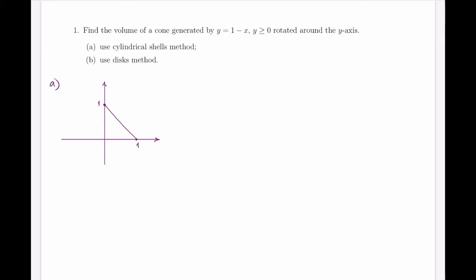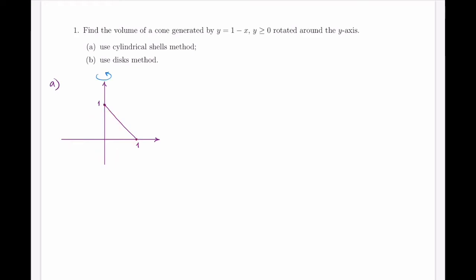So I'm going to rotate this piece of the line around the y-axis. Let me actually include this on the picture, okay? So I'm gonna take this line and I'm gonna move it along. As it sweeps through all the way around, you should be able to visualize that it makes exactly an upside down ice cream cone.